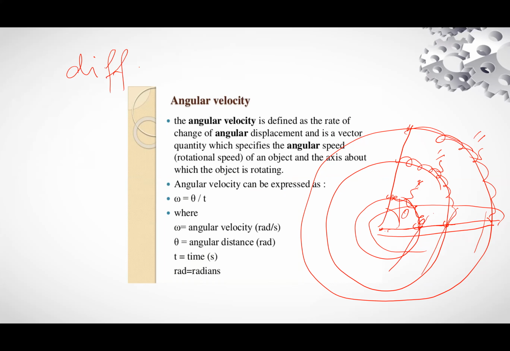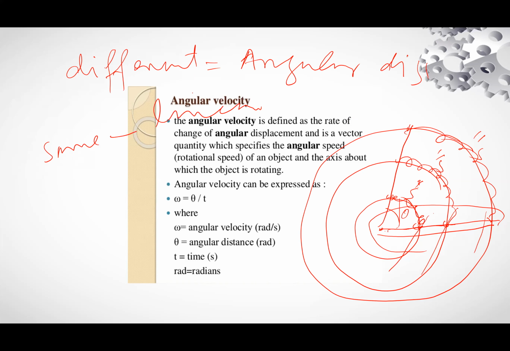Different angular displacement will be different, and linear displacement will be same. Different points on the same line in different circles will have same linear velocity, linear displacement, and linear acceleration.